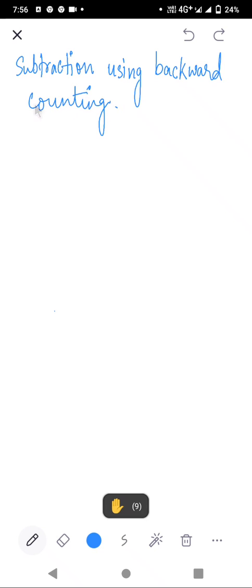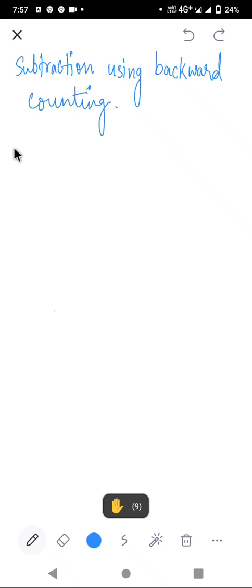Backward counting means counting back, like 10, 9, 8, 7, 6, like this. So we use back counting to subtract.